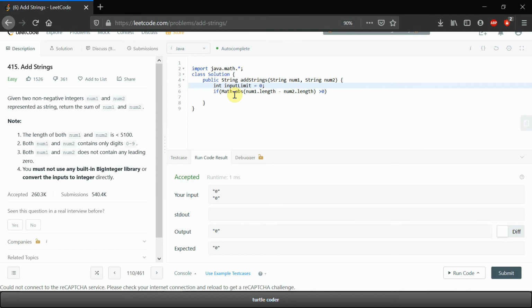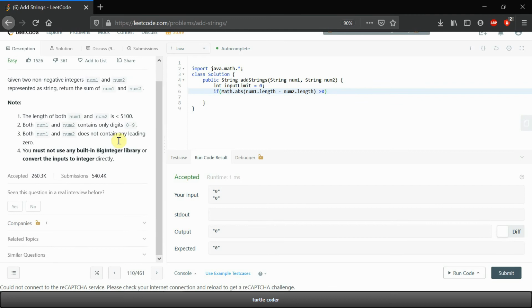So the input limit is 0 for now. If the length of both is less than 5100, I have not considered the case where these strings are empty, but let's try to run them. If we find that case, we can add that edge case as well.